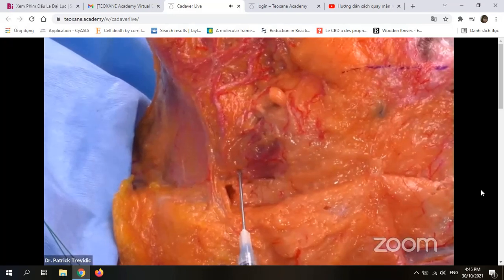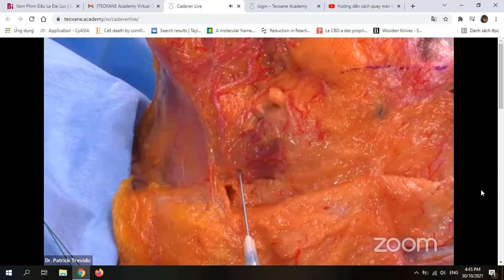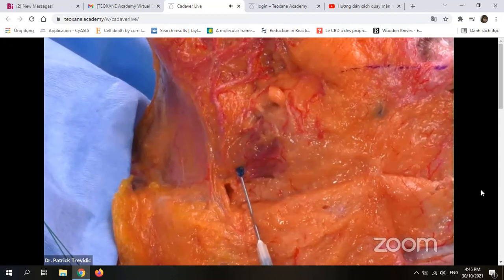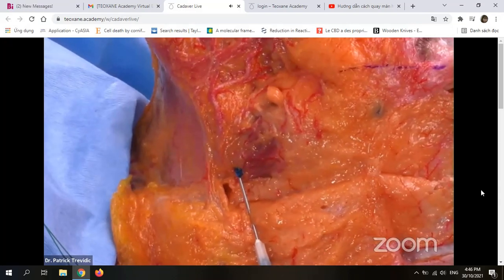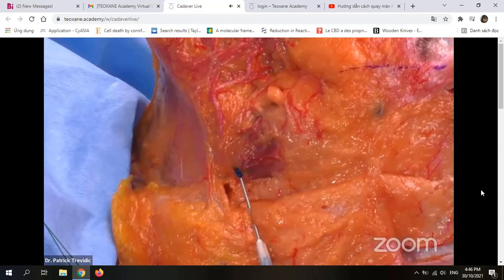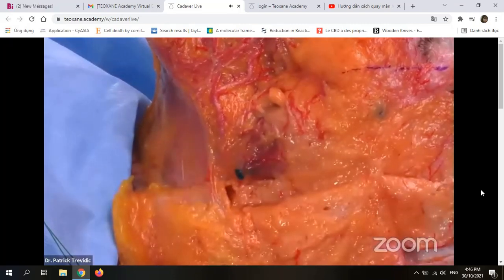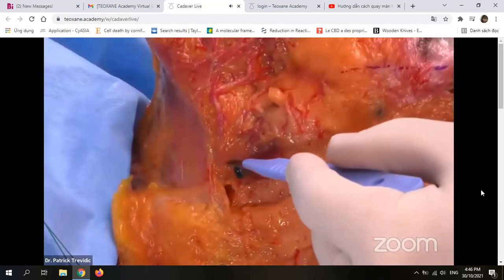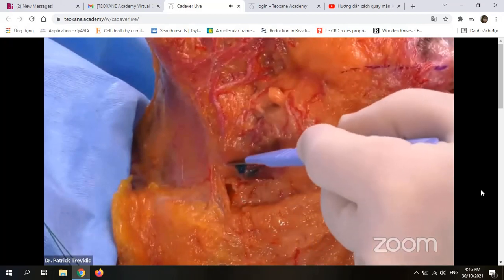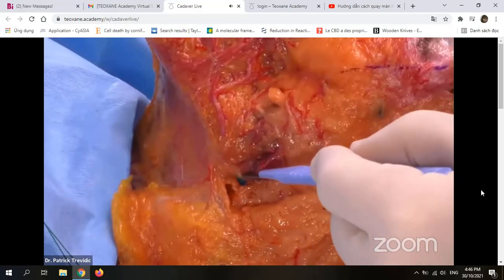The blood supply of the masseter is coming mainly from the transverse artery of the face. So here, if I do an injection deep under the muscle, you will see the inflation of my muscle. And if I do a dissection, you will see that the muscle fibers are on the bone and stick on the bone, as you can see here.